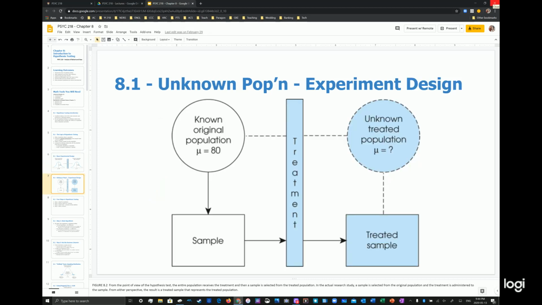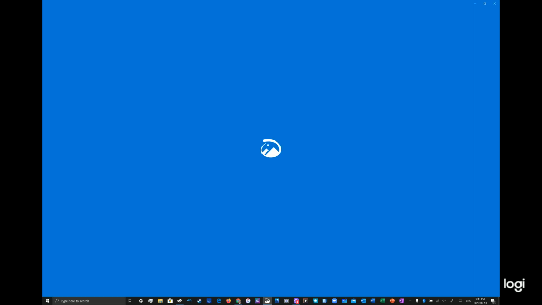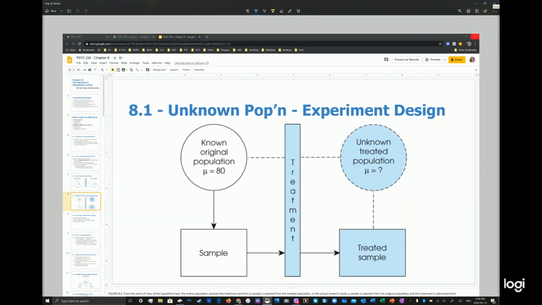So conceptually then, this is how it works. Again, we don't have a distribution graph this time. We're not doing these pictures at the moment, but the concept works like this. We have a known population that is not treated, and we have a sample here that is not treated either.